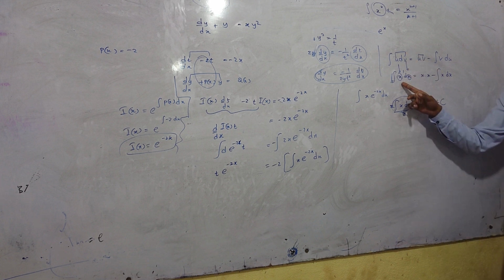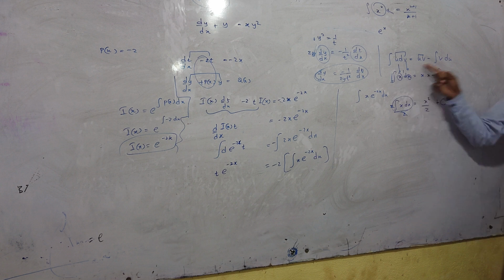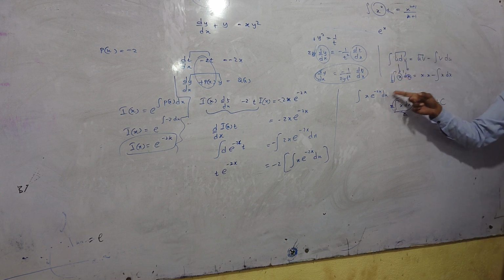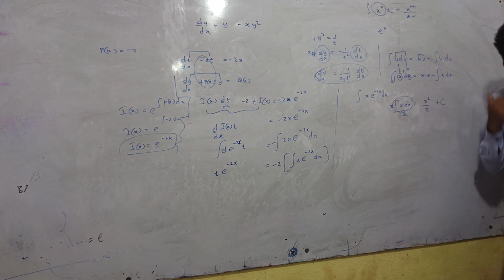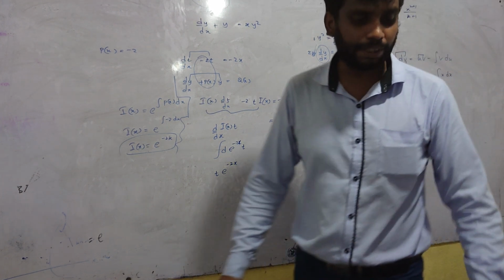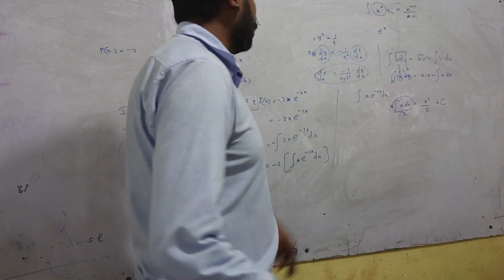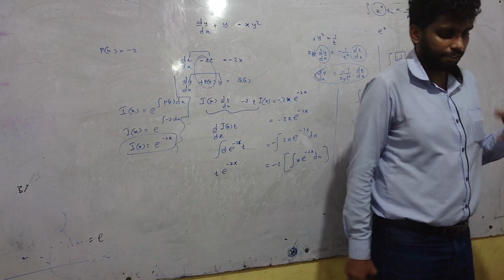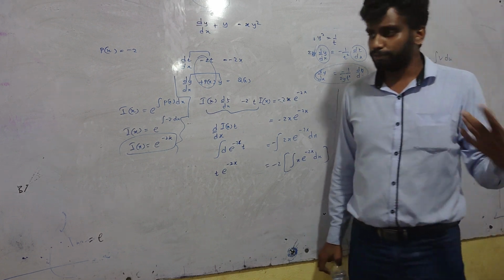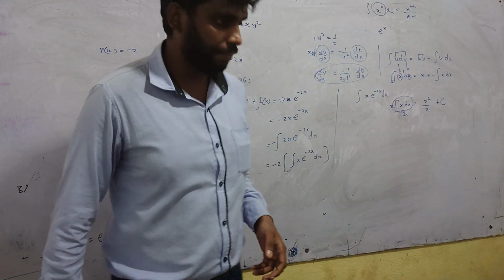I selected this as u and this as v. This is the formula. But there is no point applying integration by parts for such simple integrals. It is meant for more complicated integrals with two or more different functions.